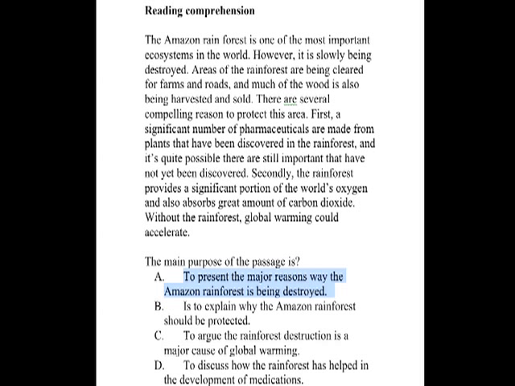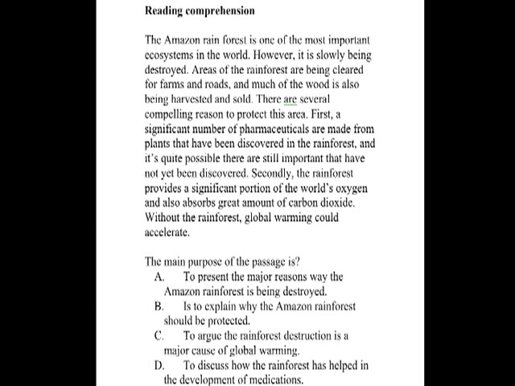Now, our second one says that the main purpose is to explain why the Amazon rainforest should be protected. And as we can see up here, it tells us areas of the rainforest are being cleared for farms and roads, and wood is being harvested and sold. There are several compelling reasons to protect this area. And then it goes into our first reason and our second reason here.